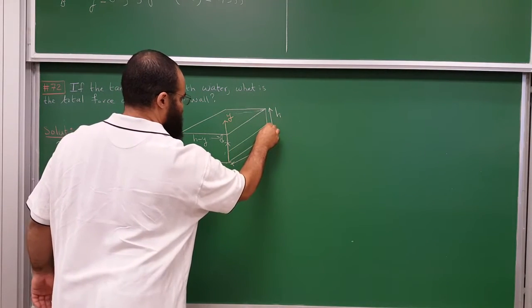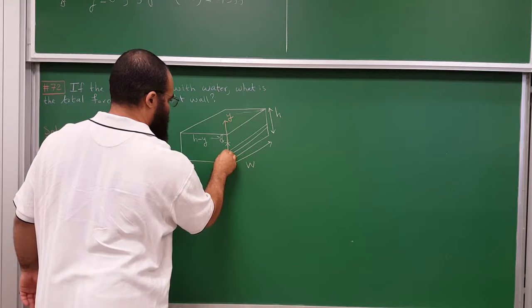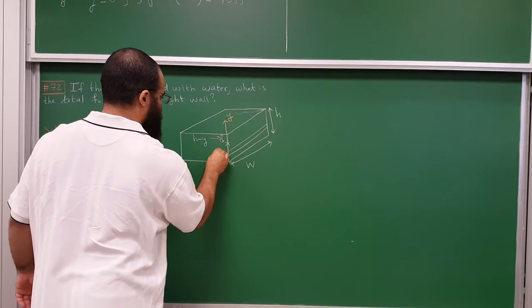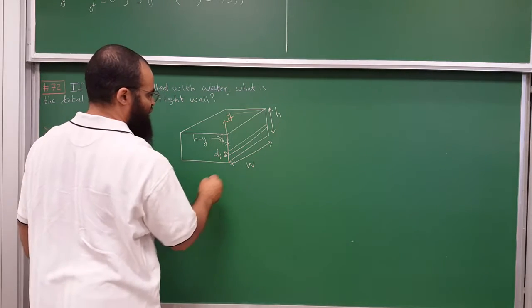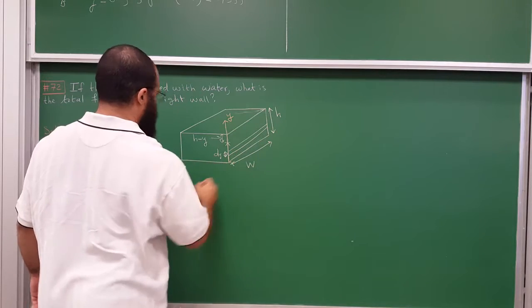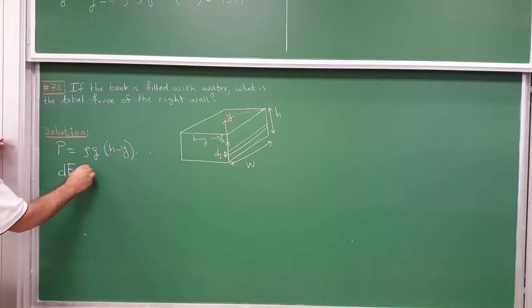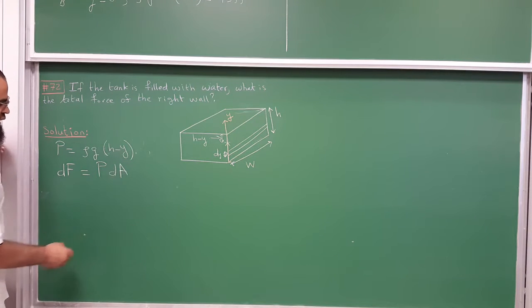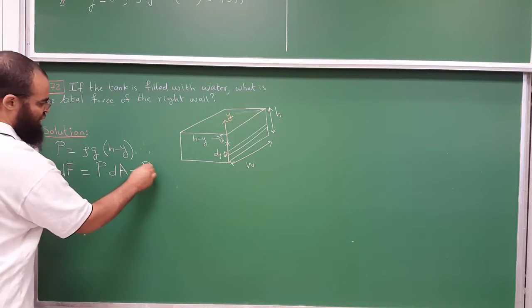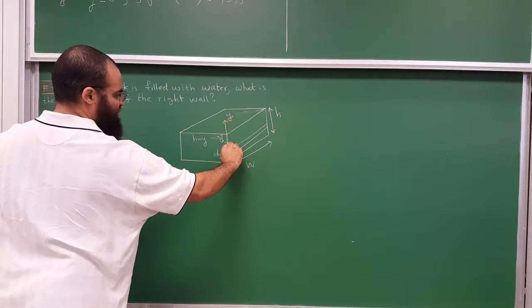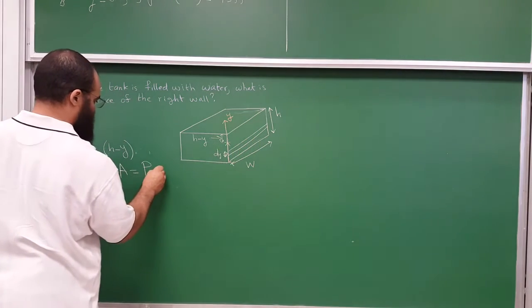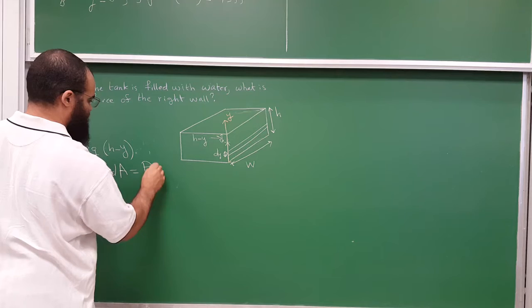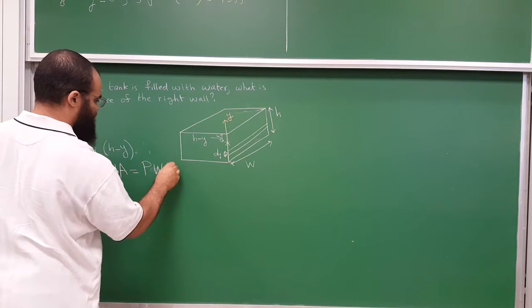Let me take a slice here of thickness dy, and the width is W. So dF will be the pressure times the area, which is dA, and the area is the width, W, times dy.